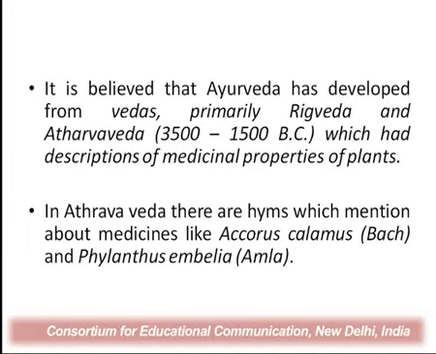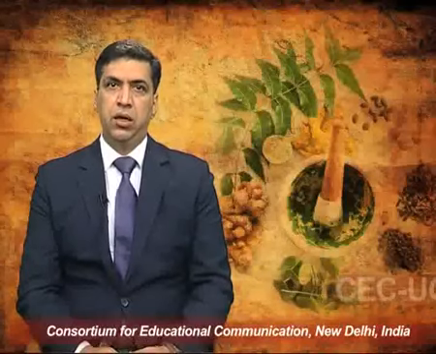These Vedas have descriptions of the medicinal properties of a number of plants. Further, in the Atharva Veda there are hymns which mention medicines like Acorus calamus, commonly known as Bach, and Phyllanthus emblica, commonly known as Amla. So here we can clearly see that medicinal plants were mentioned in our Vedas also.